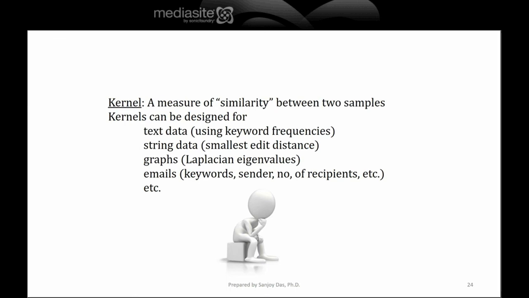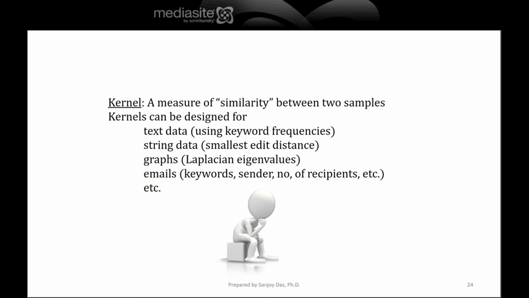A kernel is a measure of similarity between two samples. For text data, you can devise kernels using keyword frequency. For string data, kernels are based on the smallest edit distance between two strings.